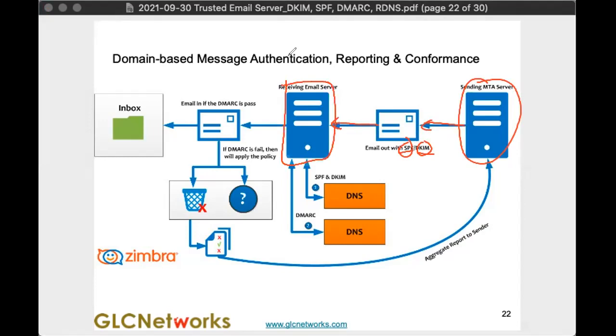The first step is checking SPF and DKIM as the previous step. That one is fine, and then it also checks the other rules for DMARC. If DMARC is passed, it goes to the inbox. If not passed, it is perhaps quarantined and reported to the sender. So that's DMARC, but this one is very rare.